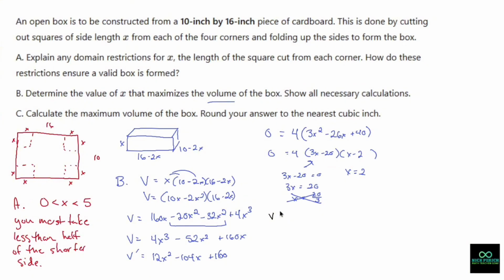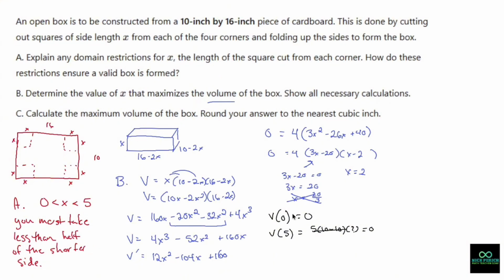So V of 0 is going to be, I already know it's going to happen, 0. I'm not going to waste any time doing a whole lot of math. All right. V of 5 is going to be 5 times 10 minus 2 times 5, which is 10, times, you know what, who cares, because 10 minus 10 is 0, so you're going to be 0 anyway.